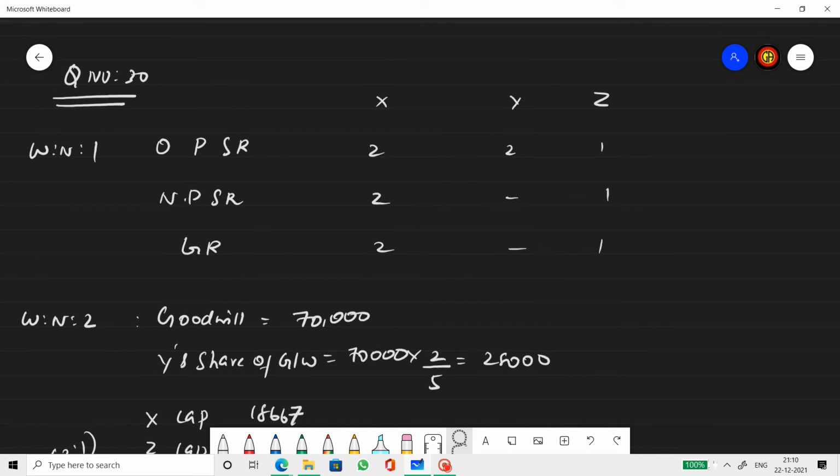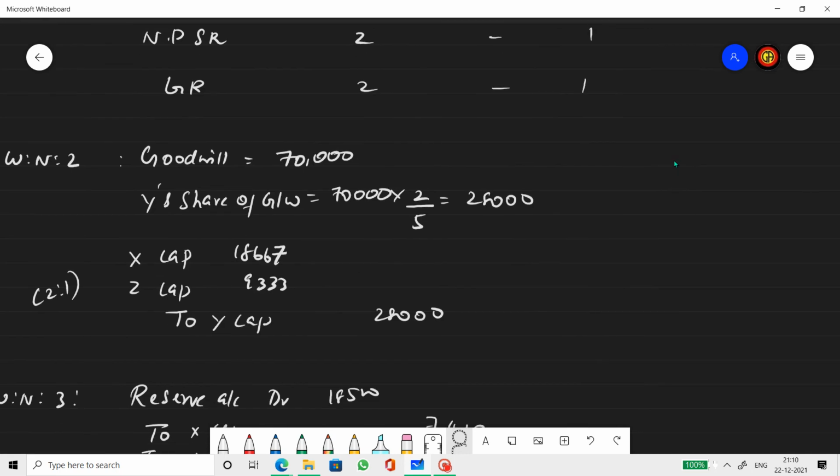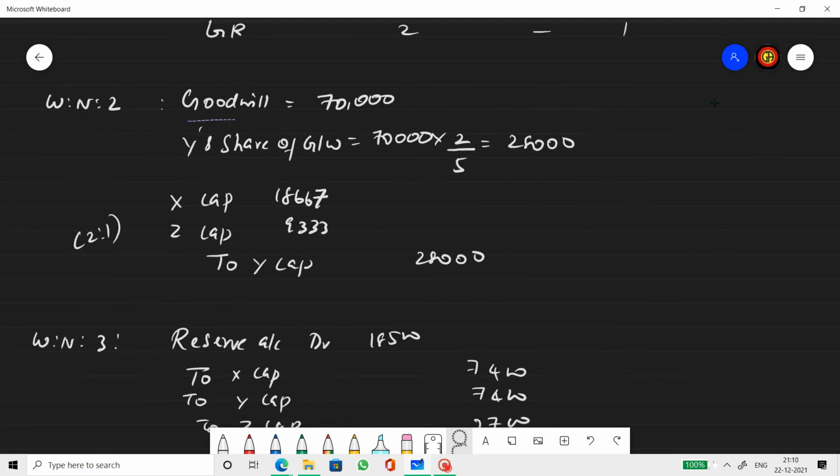So next one is goodwill. The goodwill at the time of retirement is given in the question as 70,000. Who is retiring? Y is retiring. What is Y's share in profit? 2 by 5th. Therefore, Y will get 2/5 of 70,000 as a share of goodwill, so 28,000.